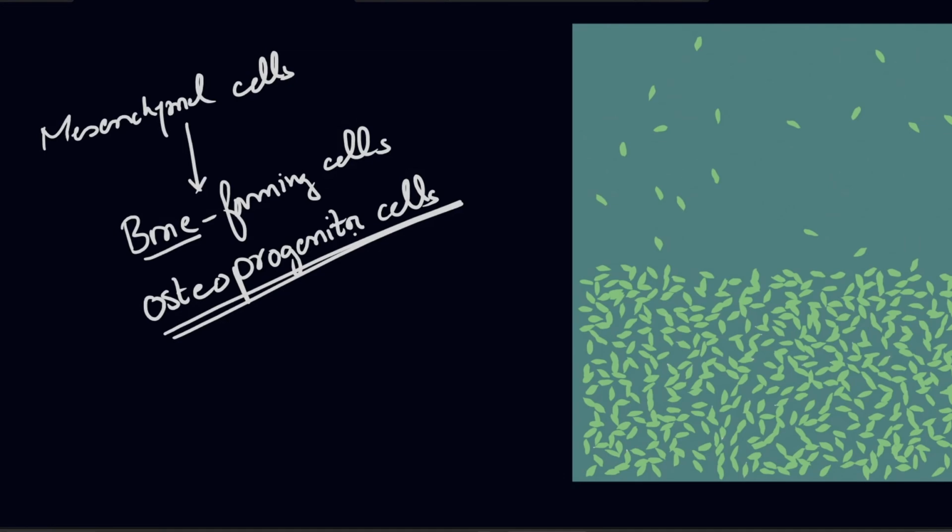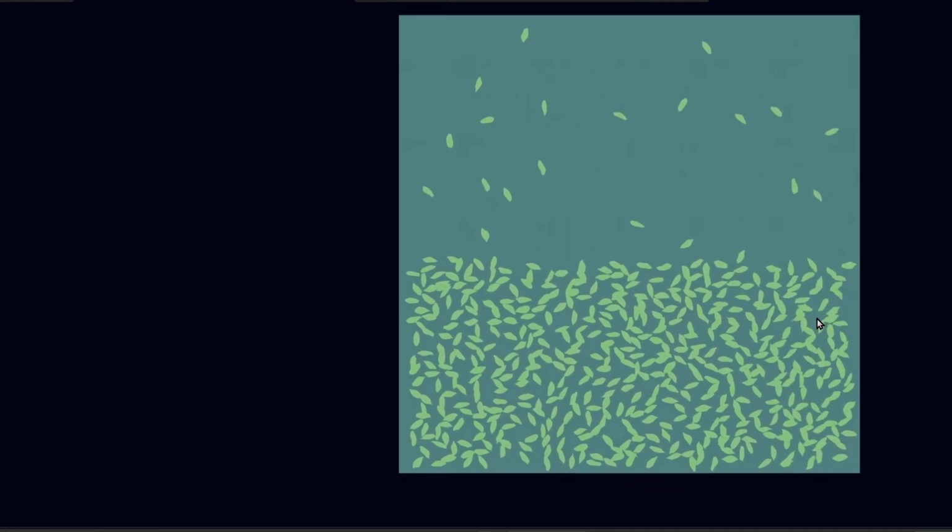These are not fully differentiated. So they are called osteoprogenitor cells, which, truly speaking, are precursors of bone forming cells. To be very precise, they are precursors of bone forming cells. Some literature directly calls these cells bone forming cells, which is not totally correct.